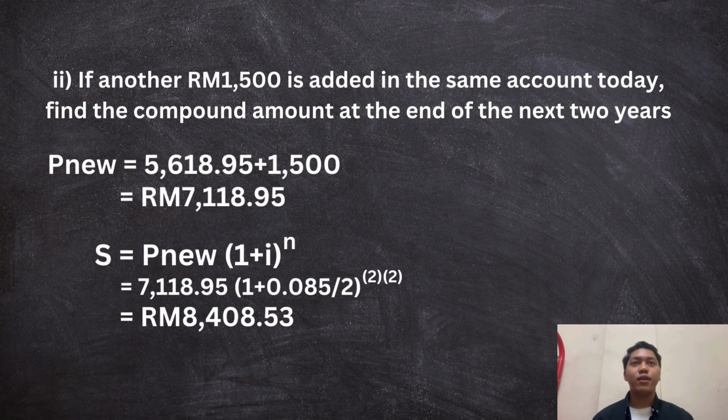S equals P new, which is 7,118 ringgit and 95 cents, the amount that we have calculated, times (1 + 0.05/2)^n, where n equals 2 times 2. After that, we calculate, and we get the answer S equals 8,408 ringgit and 53 cents.